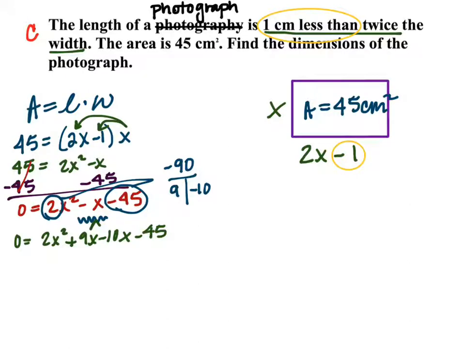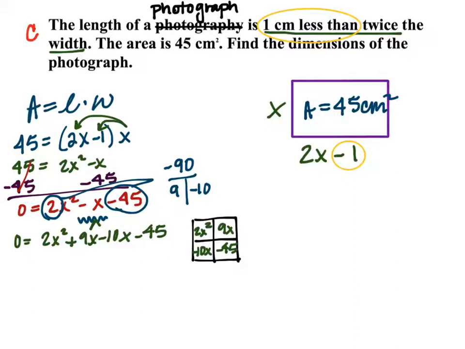Now, all 4 of those terms are going to be placed inside a visual FOIL box, so let's do that now. Always place my first term here, my middle terms that are broken up in the diagonal, and my last term right there.